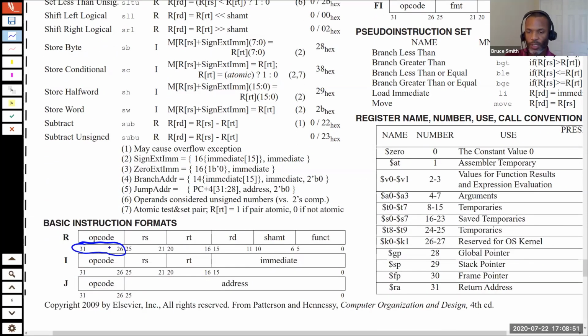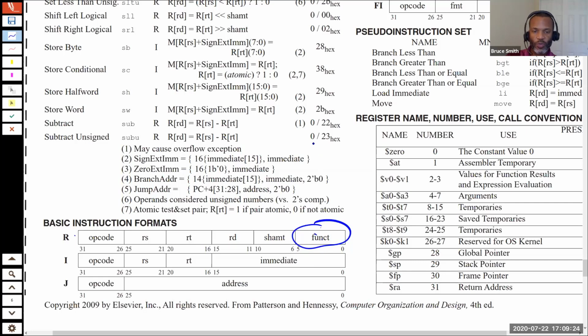So the R-type instructions, let's erase this. First, every instruction has an opcode. Only R-type instructions have a function code as well. So this is really like a second tag to identify which particular R instruction there is.